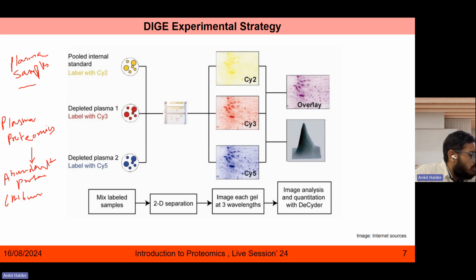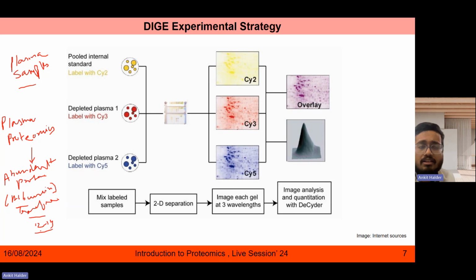You know that blood, plasma or serum are highly enriched with some proteins like albumin and transferrin, and 12 to 14 proteins are very, very abundant and mask each and every other protein. Depleted plasma means we remove these abundant proteins so that the lesser abundant proteins get a chance.